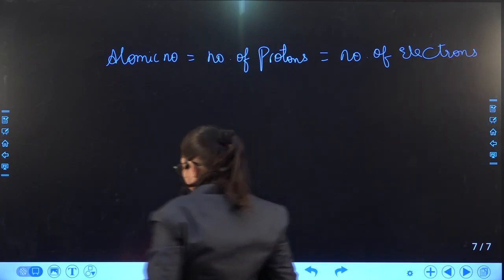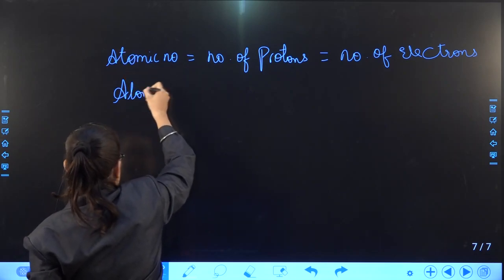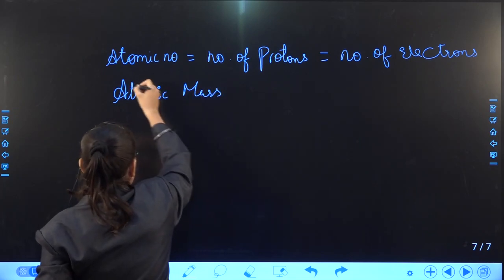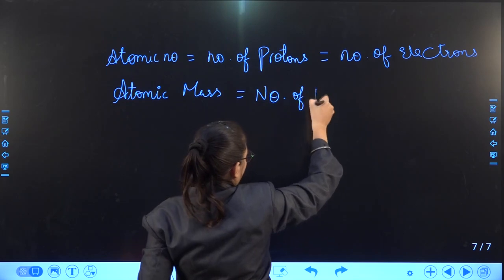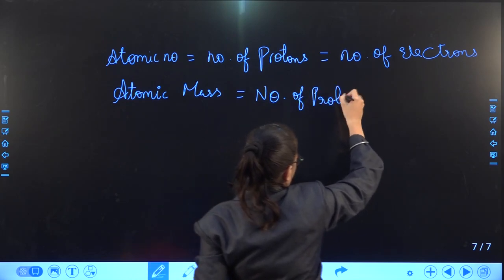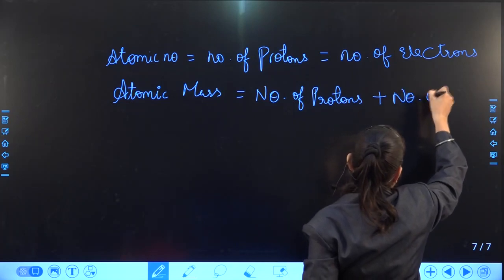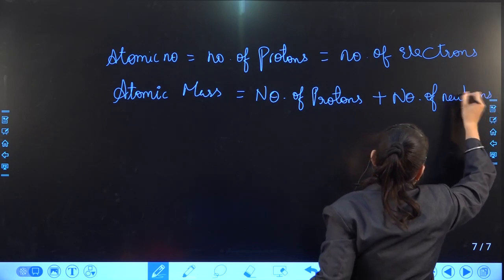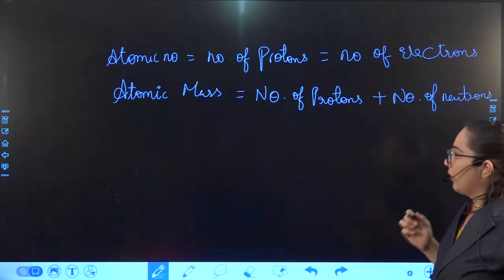Next, atomic mass. Now that is number of protons plus number of neutrons. Just add them, then what you will get?